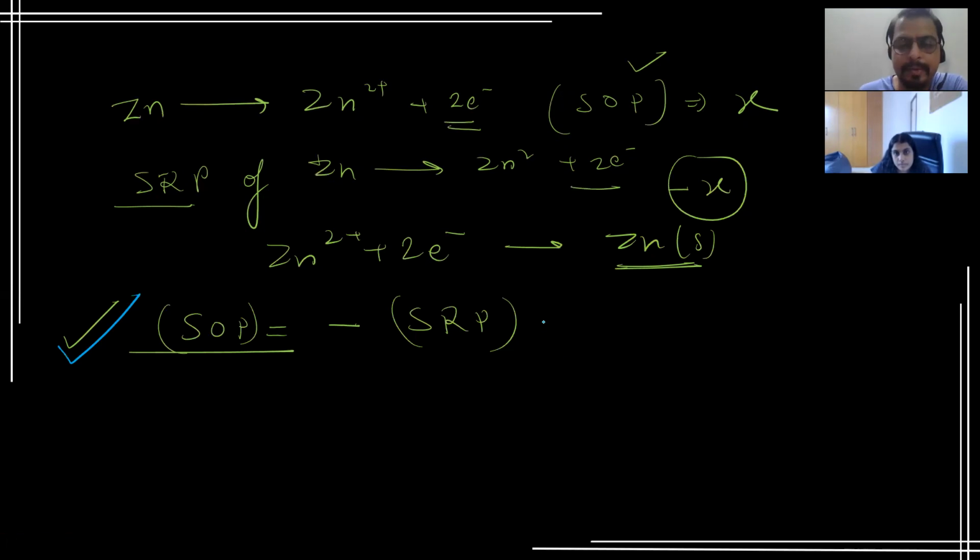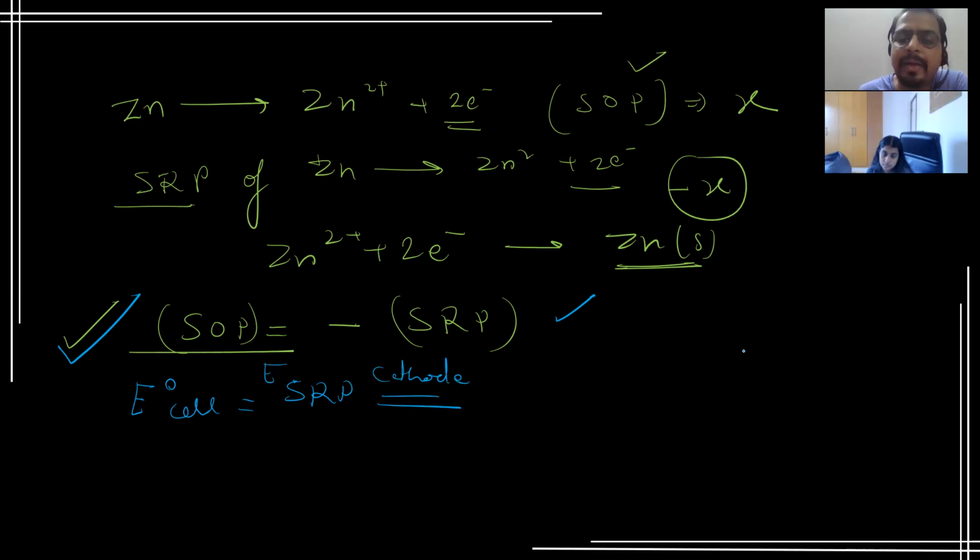Okay, cool. So standard oxidation potential is equal to the negative of standard reduction potential. And if we talk about the E naught cell, it is the SRP of cathode, because in the cathode reduction is happening, and at the anode oxidation takes place.